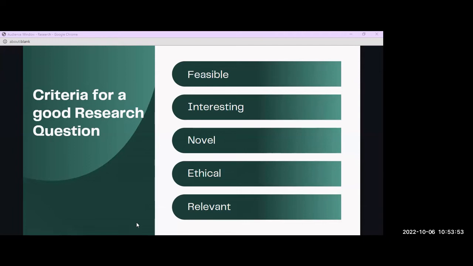Will that cause harm? Yes, it may cause harm. What if I'm just conducting an interview? Will that cause harm? Yes. Your questions may be somewhat invasive to the mental and psychological health of that particular person.